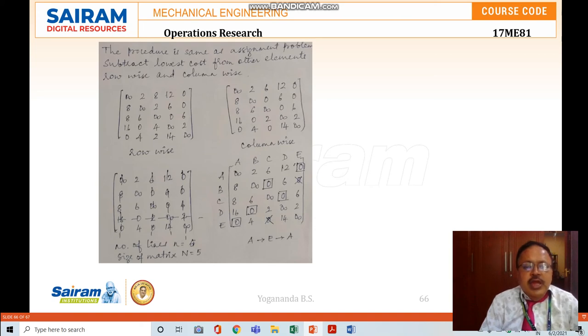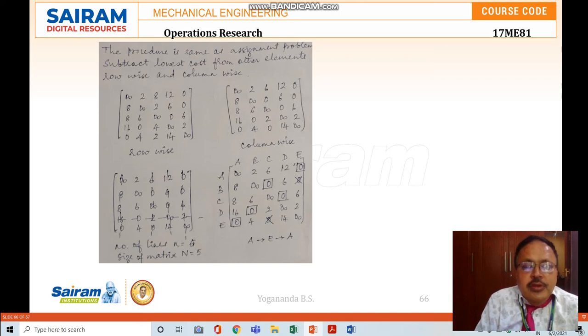First we allocate to such zeros where there is only one zero present in a row or column. If we find more than one zero in that particular row or column, when that particular zero is allocated, cross out the other zeros.